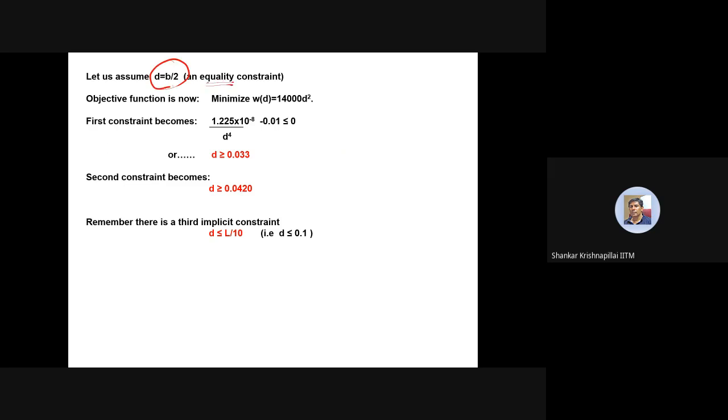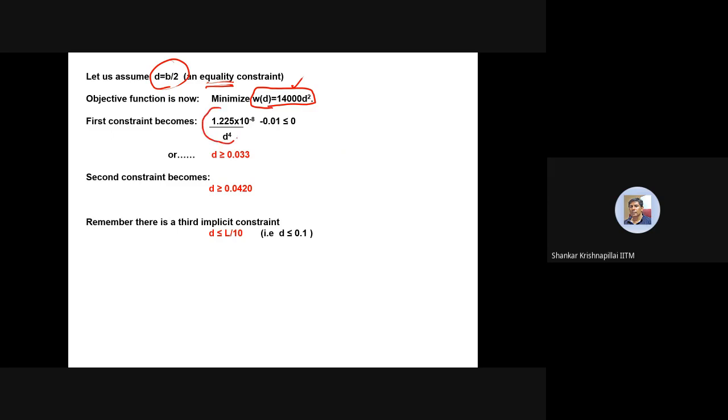So we are introducing an equality constraint, and every equality constraint will cancel one variable. If you assume D equals B by 2, you can eliminate the variable B in this equation. So the objective function is now reduced to one variable.